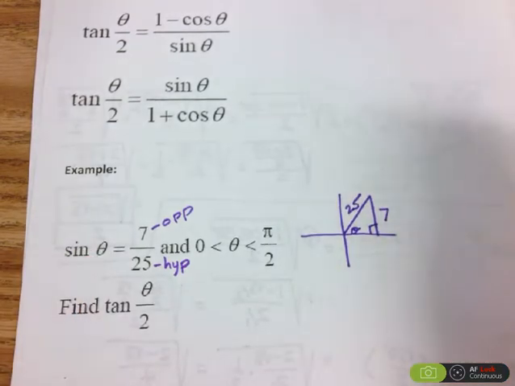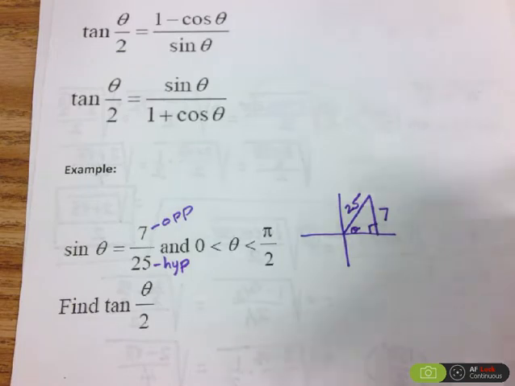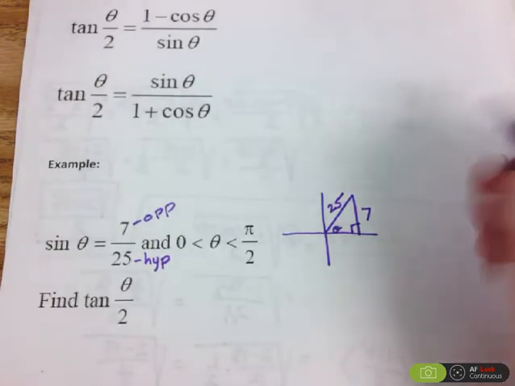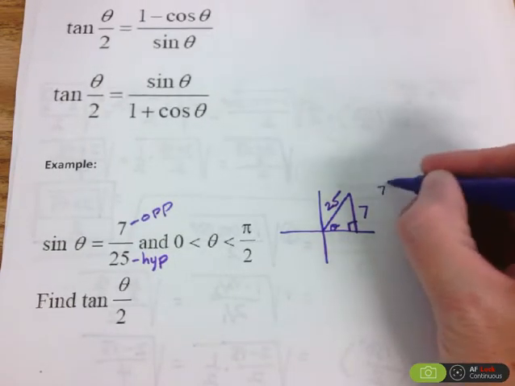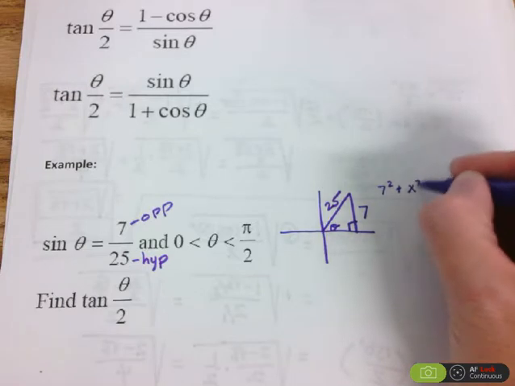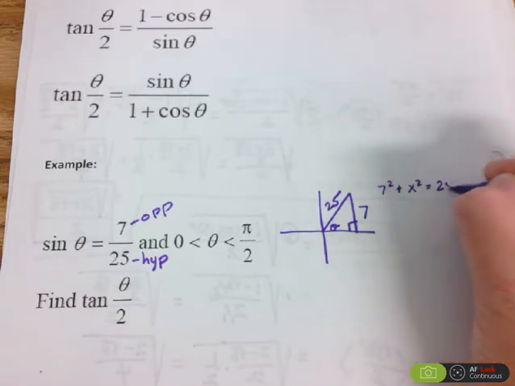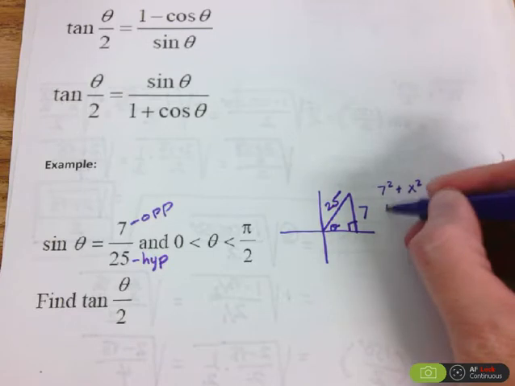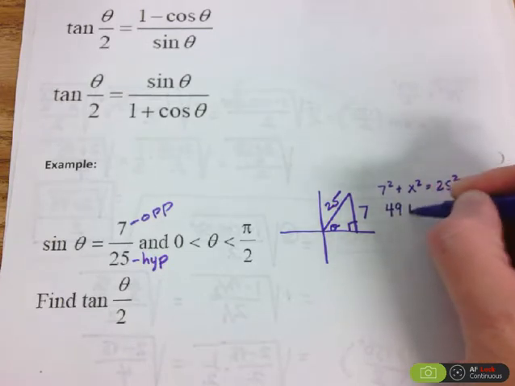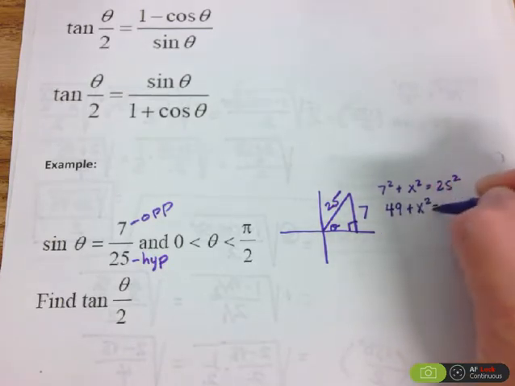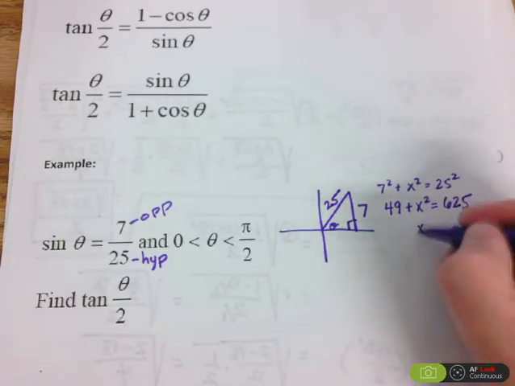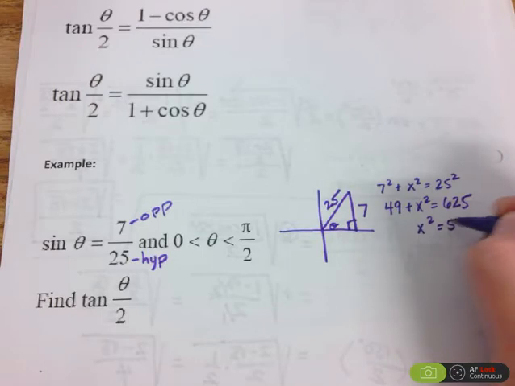All right, this is another special triangle, but if you don't know it, you got to do a little bit of math. You got to do 7 squared plus x squared equals 25 squared. 49 plus x squared equals 625. X squared equals 576.